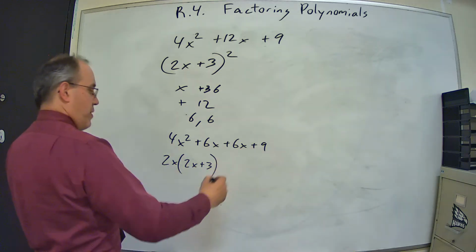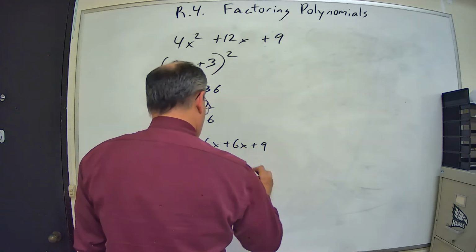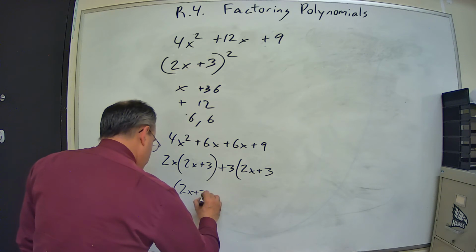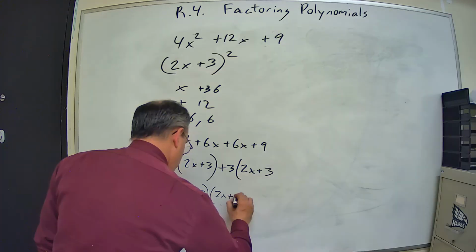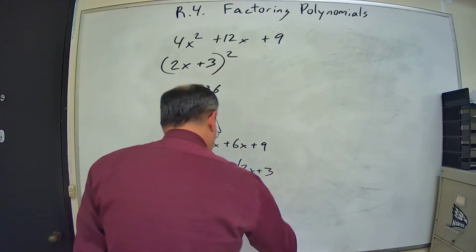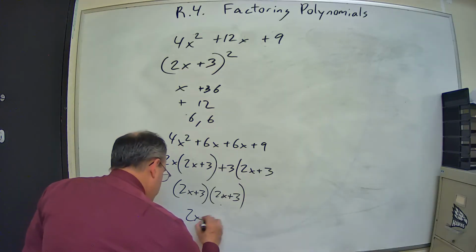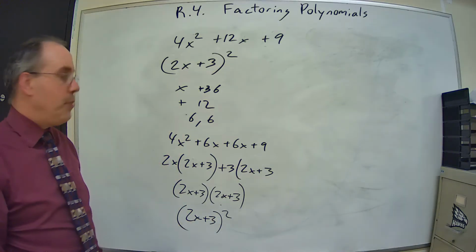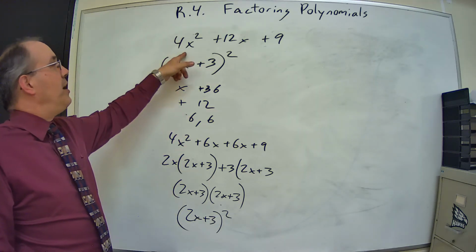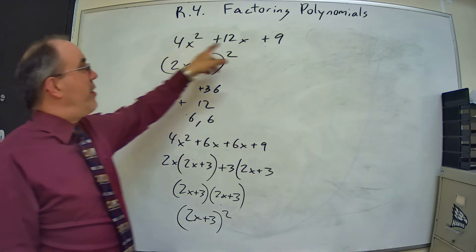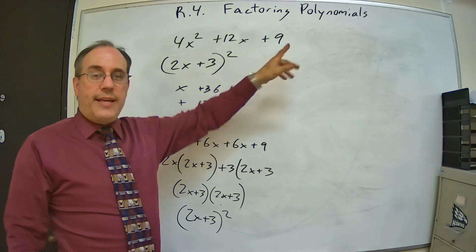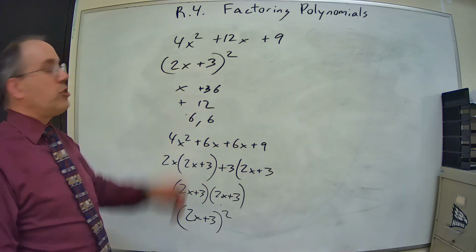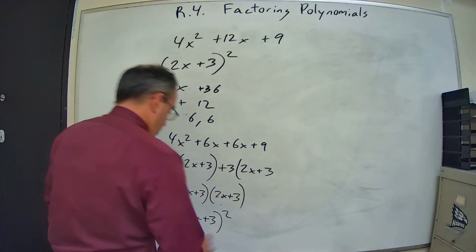I would factor out 3, leaving me with 2x plus 3, giving me 2x plus 3 times 2x plus 3, or 2x plus 3 squared. But you see how simple that can be. I saw a perfect square, and I said, I can use one of my special products. Let's do another one.